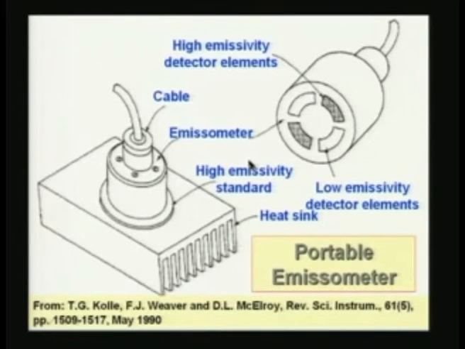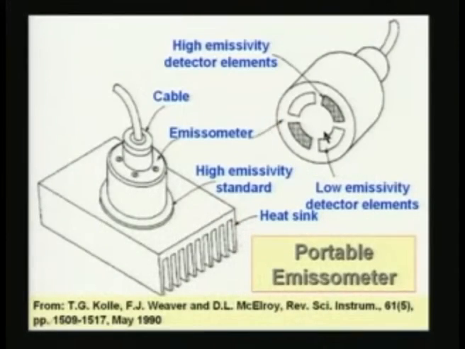And then you remove the high emissivity standard and put a low emissivity standard, and again adjust, there is an adjustment for that, so that the value which you get is equal to 0.06, corresponding to the emissivity of the low emissivity standard. And of course, this process can be repeated again and again, so that you finally get a condition where when you change from the high emissivity to low emissivity standard, the readings do not change.